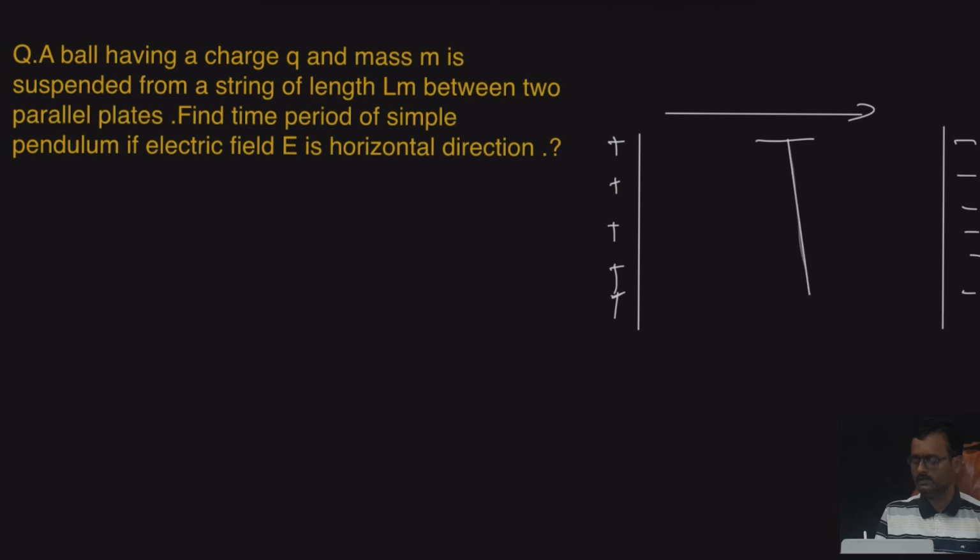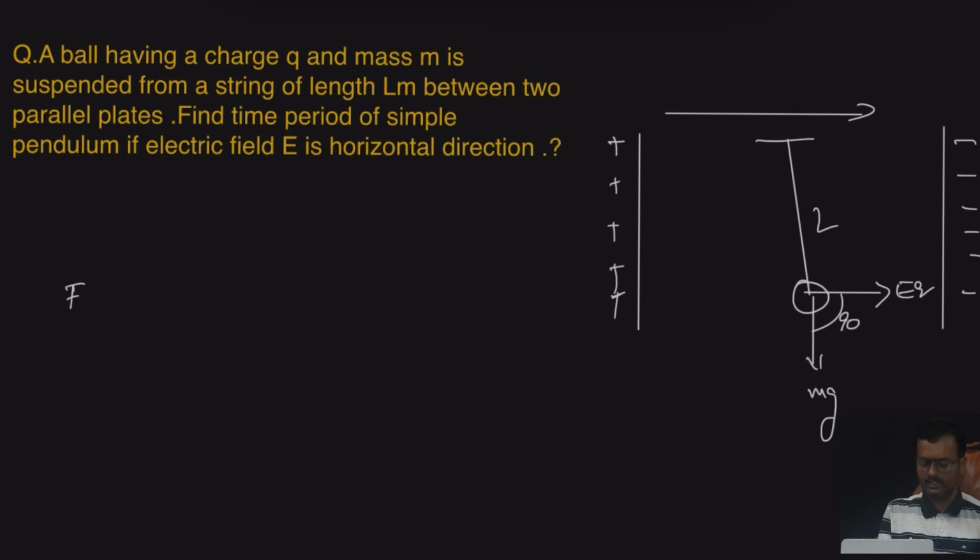So this is a simple pendulum of length L and mass m. The gravity force is in the downward direction, and the electrostatic force is along this direction, that is EQ. Two forces act at an angle of 90 degrees on the charged particle.